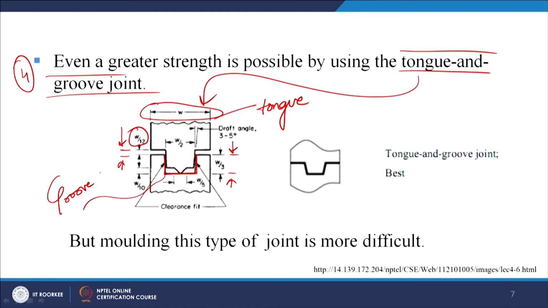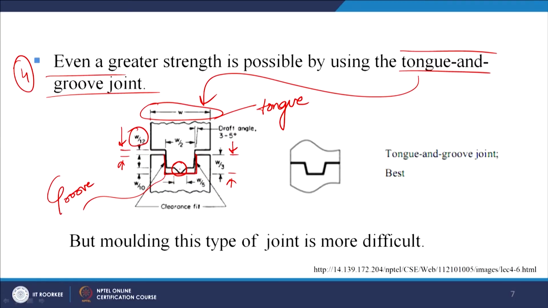So, we have a tongue and groove type of joint here, and again you can see this is an energy indicator, which we have already covered. When we form the joint here, the joint will be formed like this after the ultrasonic joining.